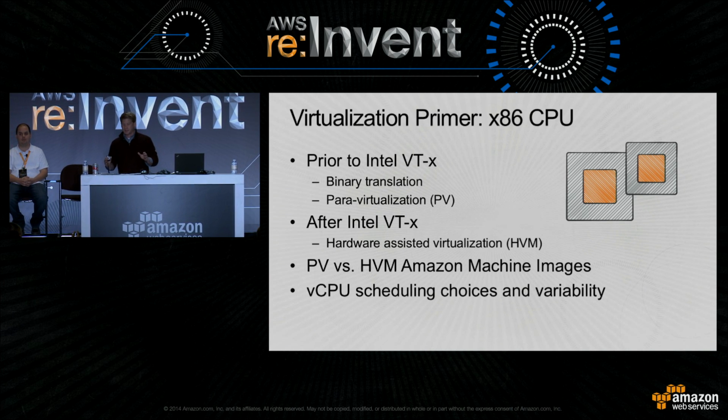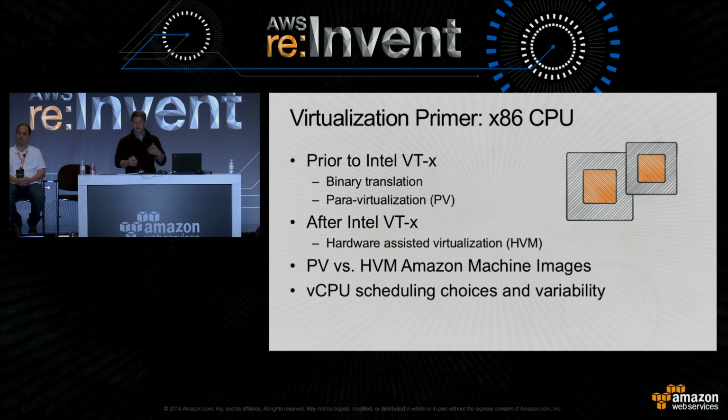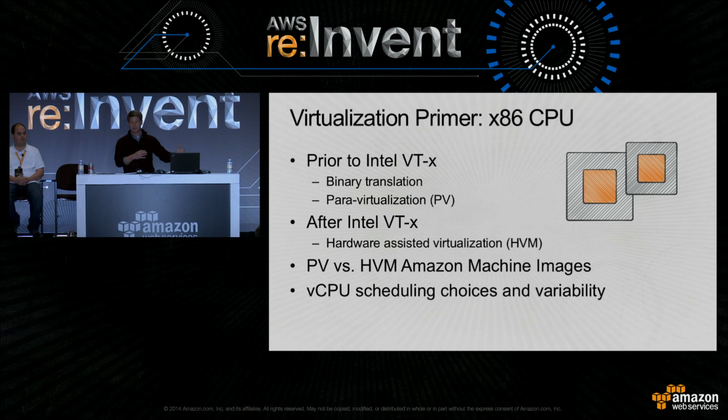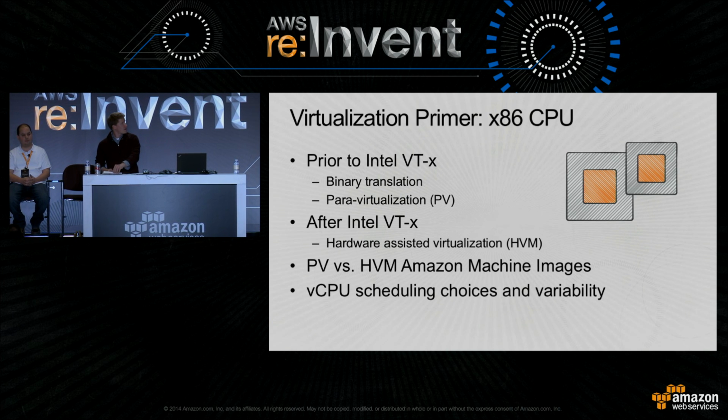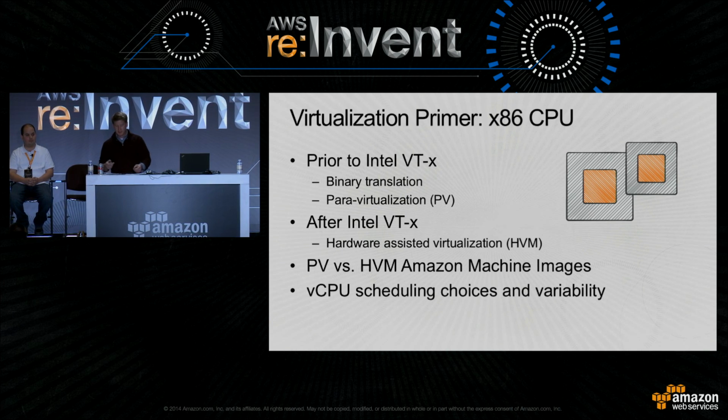Consistency is very important to us, and we think there's a great opportunity to maintain consistency whether you're looking to maximize performance through something like direct core assignment to a virtual machine or minimize costs. So that's a little bit about x86 CPU virtualization.